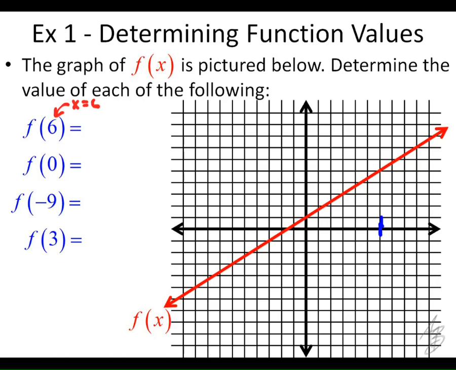We're going to go up how many? 5, okay. So we go up to the point right here, and the coordinates would be 6, 5. Since we went up 5, what's the value of this function at 6? It's not a trick question. 5.